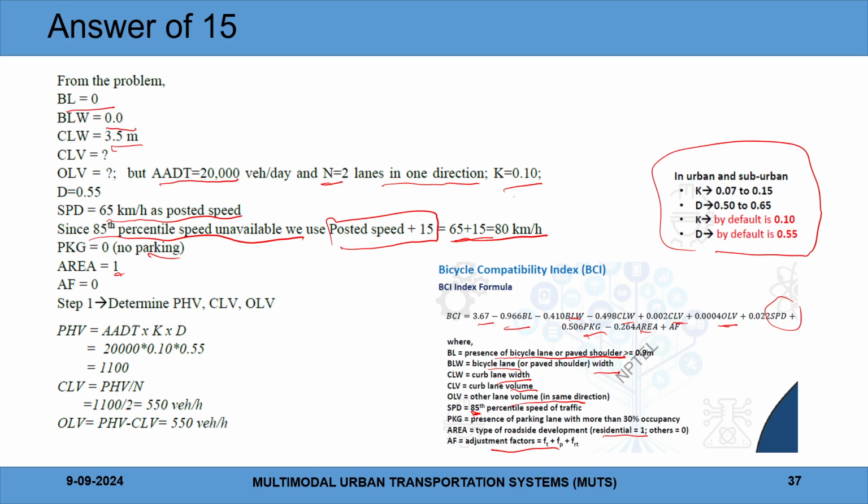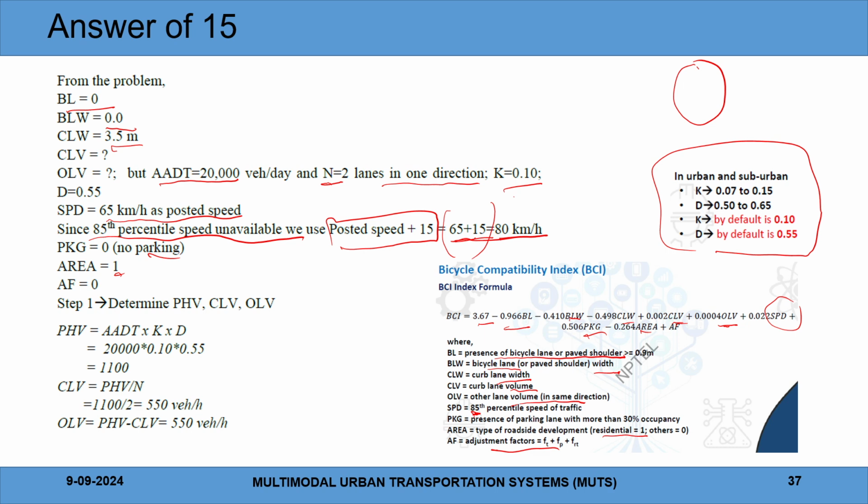As it is not given, we add 15 kilometer, because generally on a road people should obey the posted speed limit, but in general it has been found that people are driving at a higher speed than the posted speed limit. So the 85th percentile speed is generally considered 15 kilometer per hour more than the speed posted on that particular road. So it will be 80.